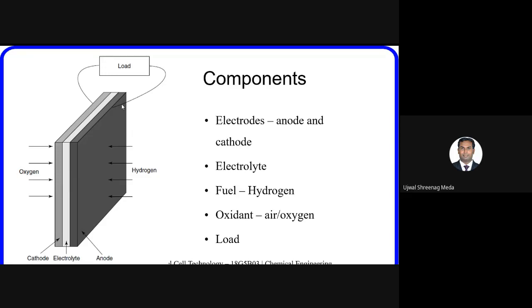Because of the reactions at the electrode-electrolyte interface, electrons move through the external circuit, which is nothing but the current, and the load utilizes it. That's how electricity is generated in a fuel cell.